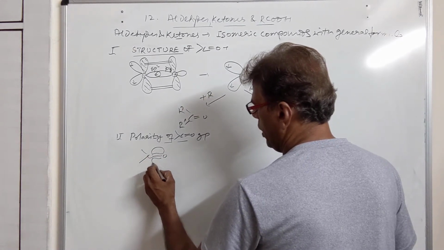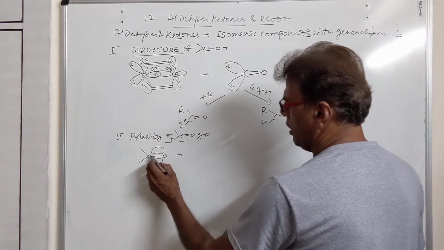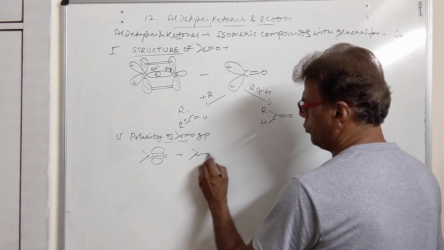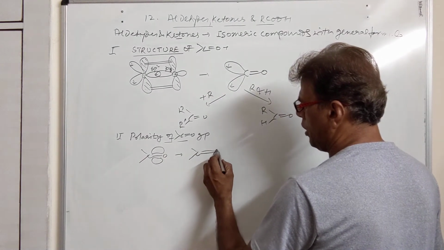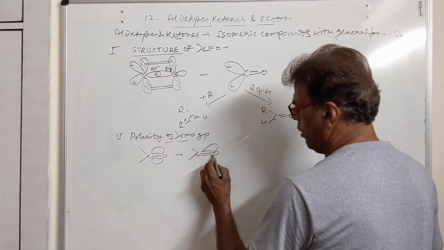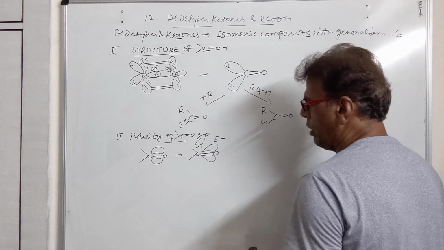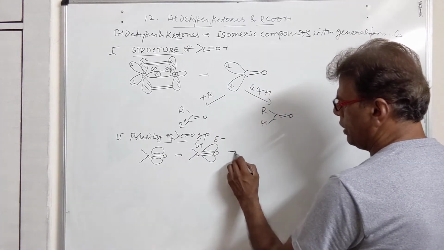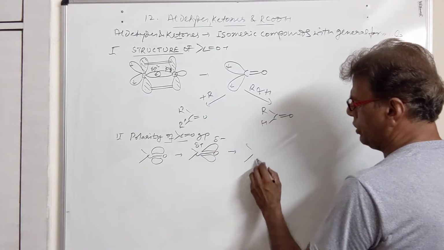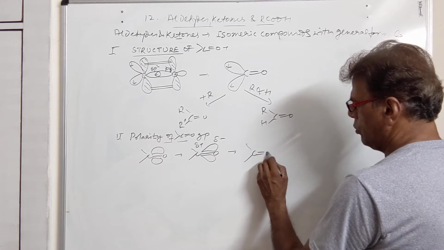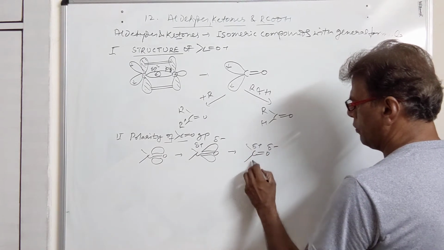Initially, the pi electrons were symmetrically placed between carbon and oxygen. When oxygen exercised its power, the electrons got tilted towards oxygen. Carbon acquires a positive charge and oxygen acquires a negative charge. So the carbonyl group becomes polar.